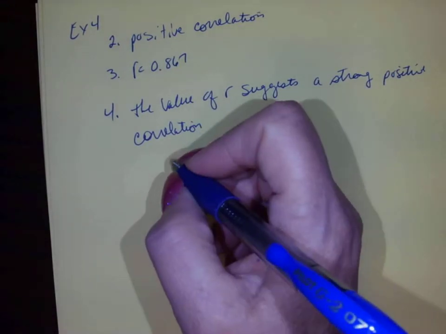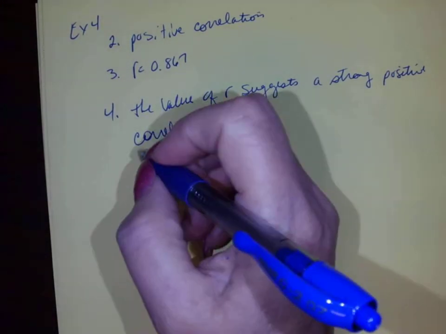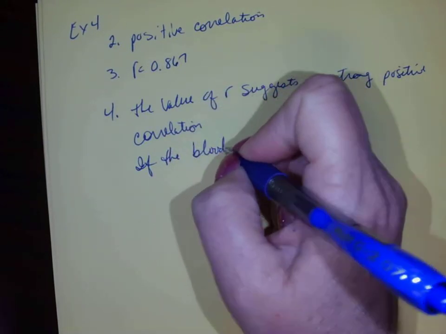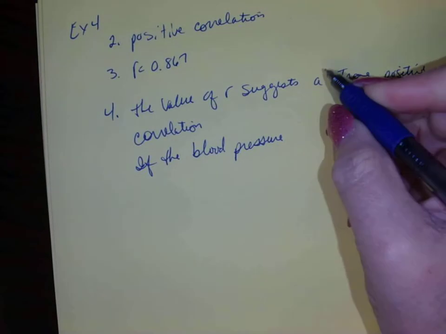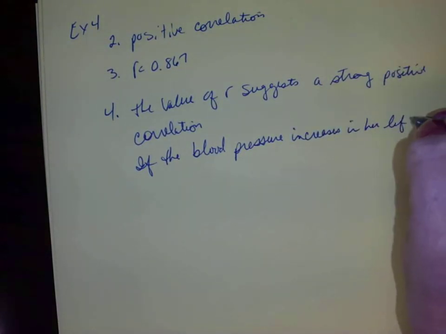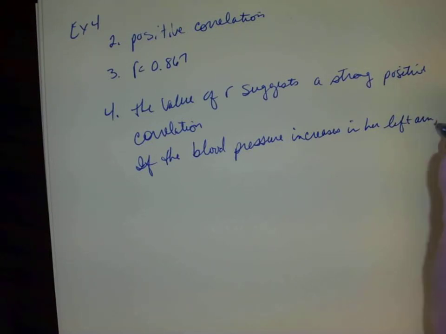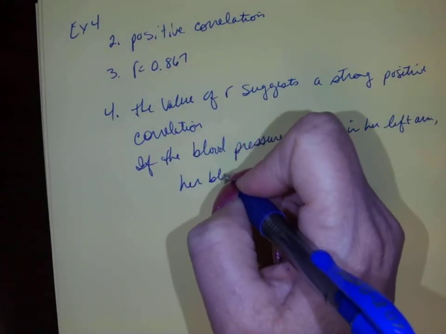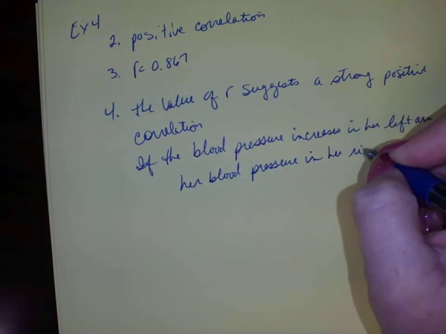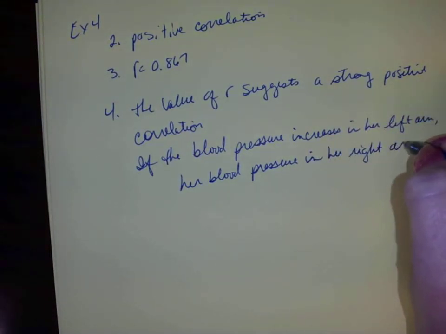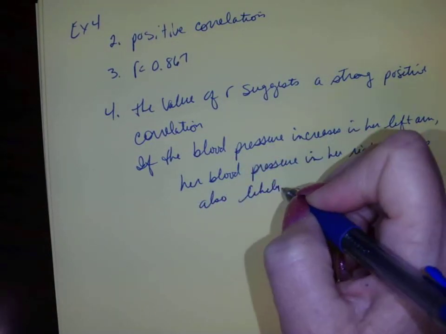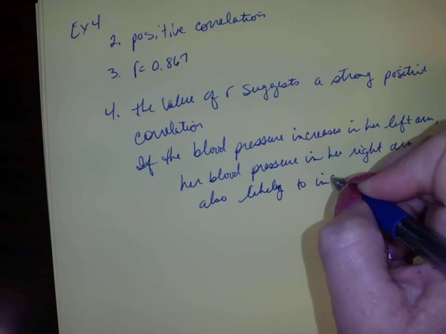So we would say that if the blood pressure, let's be specific, increases in her left arm, her blood pressure in her right arm is also likely to increase.